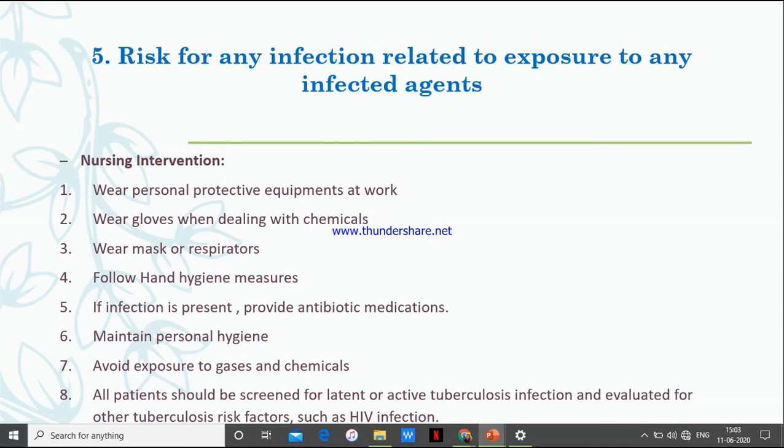If infection is present, provide antibiotic medication, maintain personal hygiene, and avoid exposure to gases and chemicals. All patients should be screened for latent or active tuberculosis infection and evaluated for tuberculosis risk factors like HIV infection. Screening tests should be performed for workers in factories, industries or any occupation.